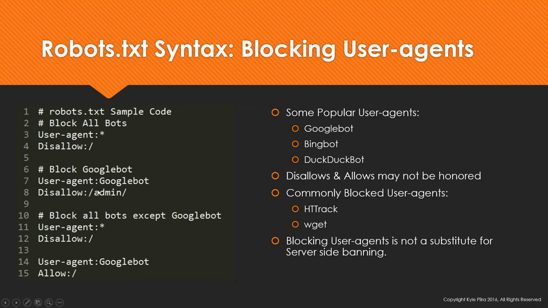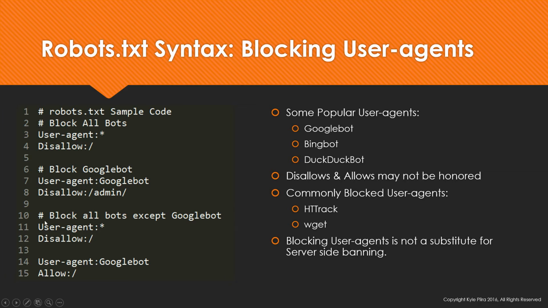Another example here is to block all bots except for Googlebot. So maybe you want to show up in Google results, but you don't want to show up in Bing or Yahoo, and you don't want any other bots on your site. What this does is: user agent, all user agents, disallow the entire website, and then down here, user agent Googlebot, allow everything.